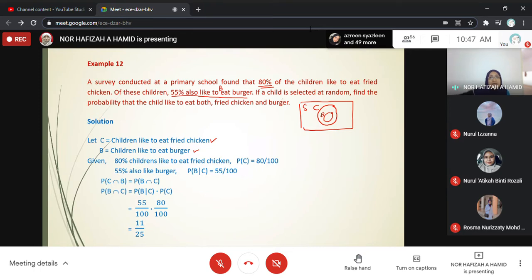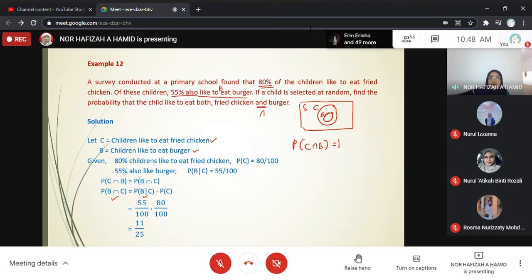Okay. So if a child is selected at random, find the probability that a child likes to eat both fried chicken and burger. So it means intersection, that is why we calculate the probability for B intersect C. Based on this Venn diagram, we want to calculate the probability of C intersect B. So it is equal to, you can refer to the formula for dependent event. Here it is B given C, because B is inside.